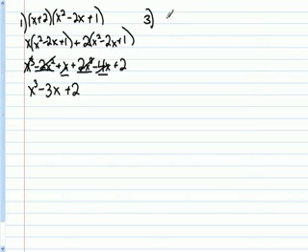Number 3. We have 2x minus 1 times x squared minus x plus 2. Again, I'm going to split this first set, so I want to make that a plus a negative 1.